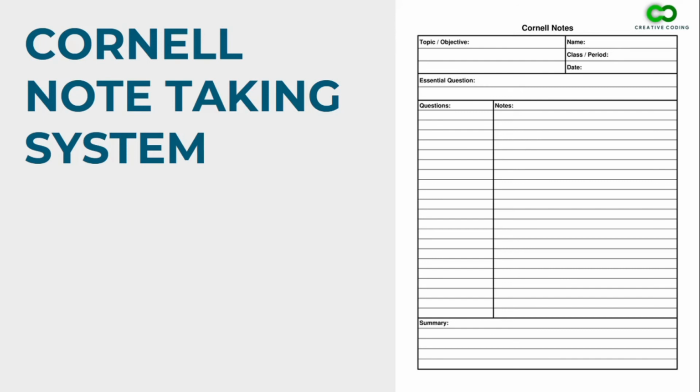So, we first write the topic or objective of the note. Then we write the question that you think is the most important related to the topic. Then you have a column for other questions related to the topic if you have any.